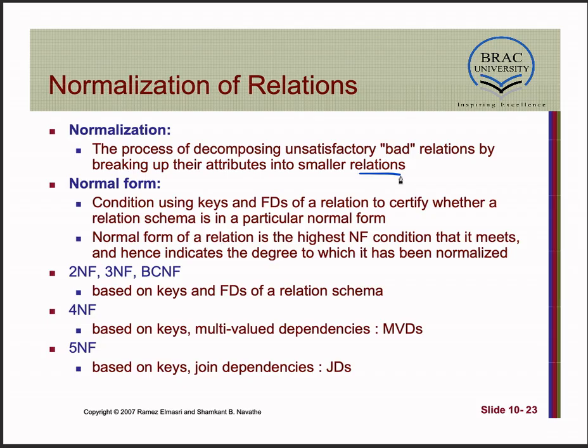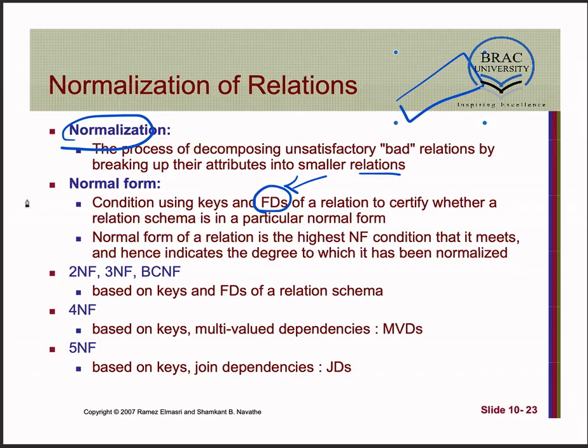So if you break down bad table designs into smaller tables to make your design better, that process is known as normalization. And to perform normalization on any table design or schema, you will require the knowledge of functional dependencies.